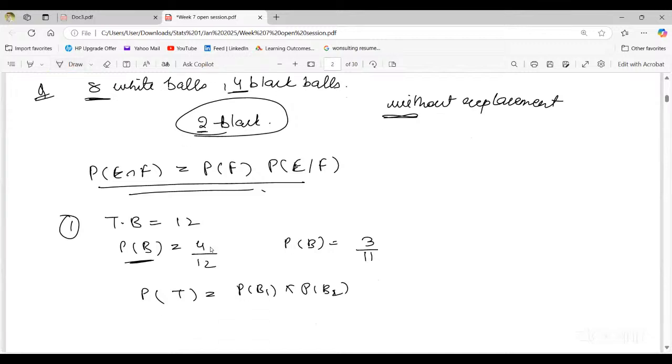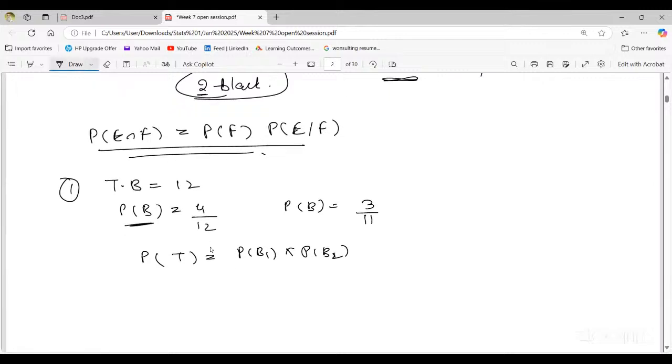Correct? Yes, ma'am. So it would be 4 by 12 into 3 by 11, which is basically 1 by 11.